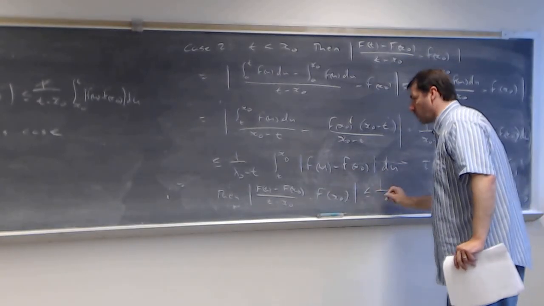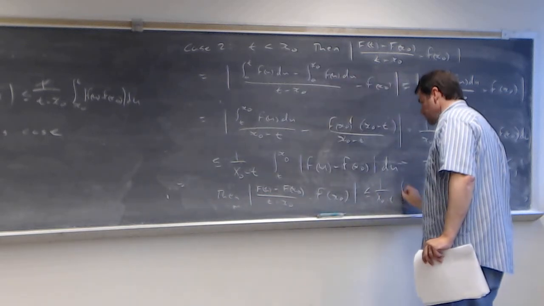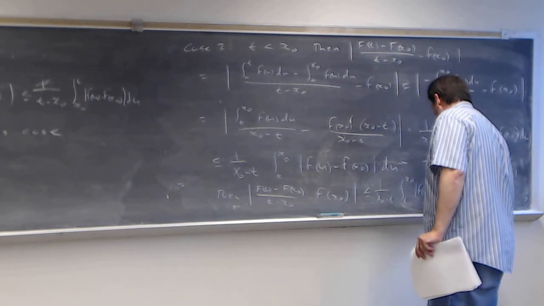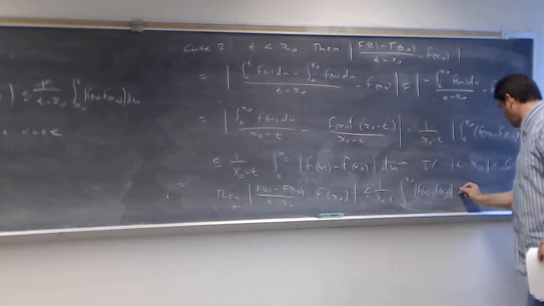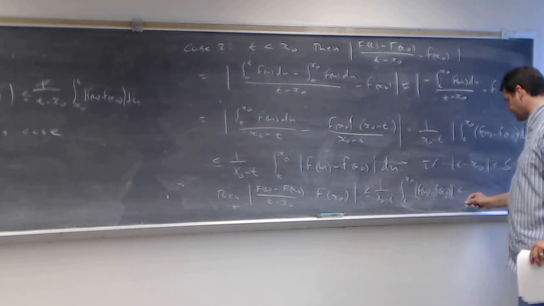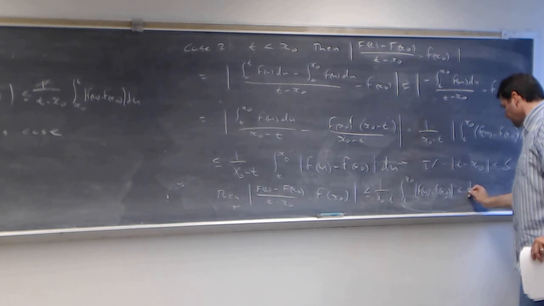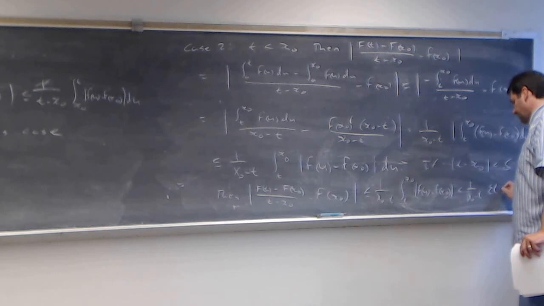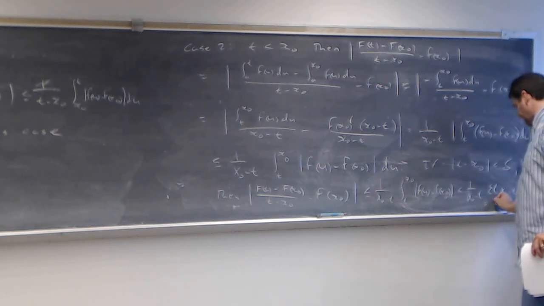It's less than or equal to 1 over x naught minus t times the integral from t to x naught of the absolute value of f of u minus f of x naught du, which is going to be less than, okay, this part right here is less than epsilon, so this is less than 1 over x naught minus t times epsilon times x naught minus t, which is going to be equal to epsilon.